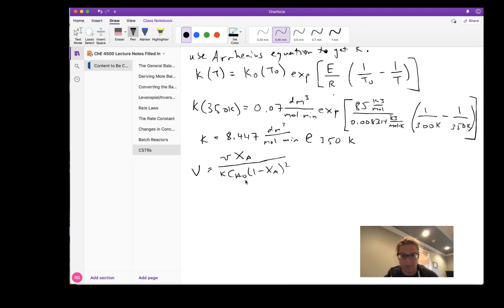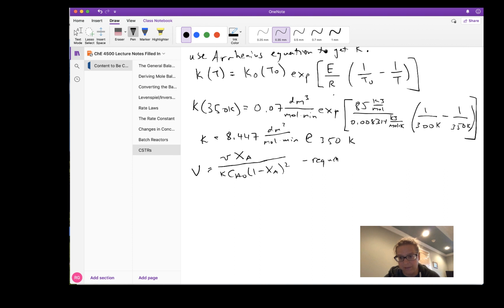For example, multiply both sides by this quantity and then do some algebraic manipulation so that you get an equation that looks like ax squared plus bx plus c equals 0. You could enter this equation into Microsoft Excel GoalSeek, or however you want to solve it.